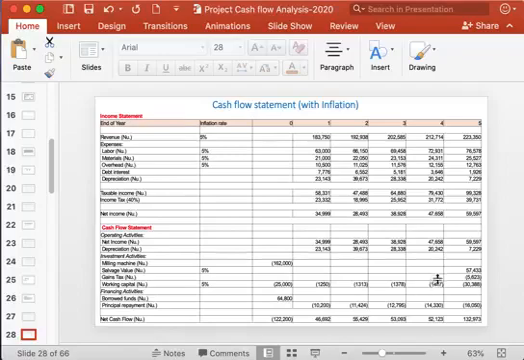And in the fourth year itself, it will experience an inflation of 5%, and it will increase the working capital requirement, which will then finally be recovered in the fifth year. So in the fifth year the project will be closed.